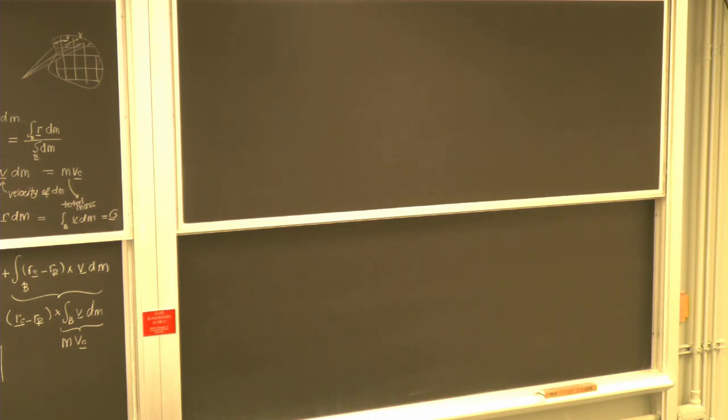For linear momentum, yes, the linear momentum of the system is equivalent to some equivalent system with the same total mass and with velocity. Okay, let me say that again. The linear momentum of a rigid body is equivalent to the linear momentum of a particle whose mass is the total mass of the rigid body and whose velocity is the velocity of the mass center of the rigid body. For the angular momentum, that's not true.